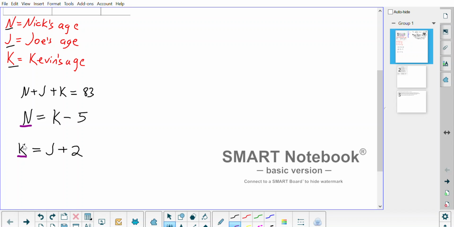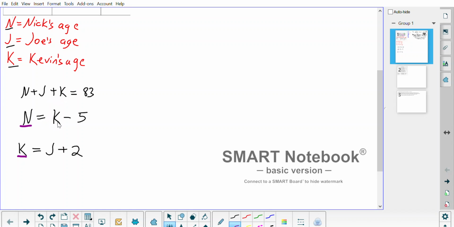Whatever you do, you want to make sure that everything is in one type of variable so that we can solve for what that variable is. For example, in the first equation, if everything was in terms of K, if K was by itself, then it would be easier for us to find out what K is.